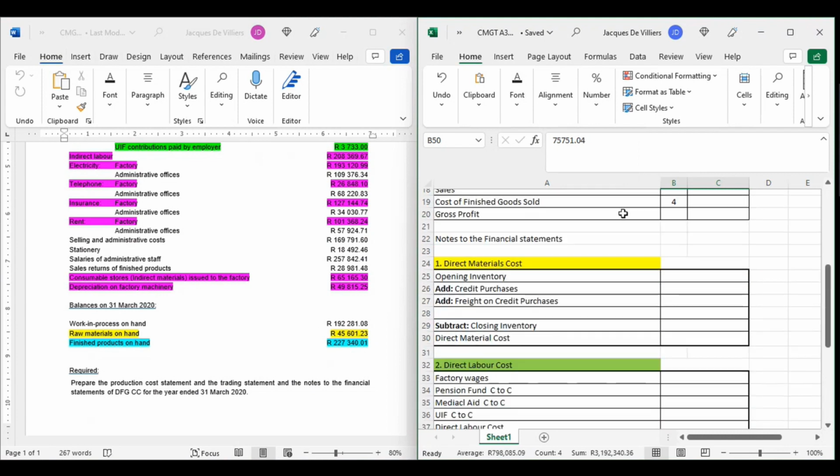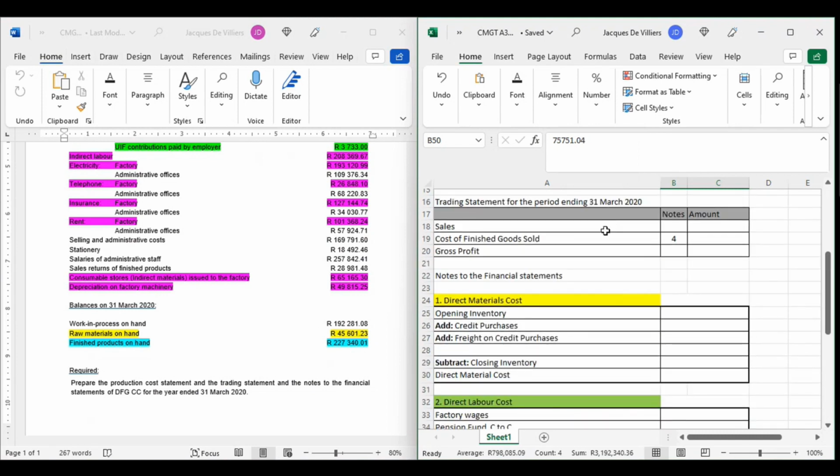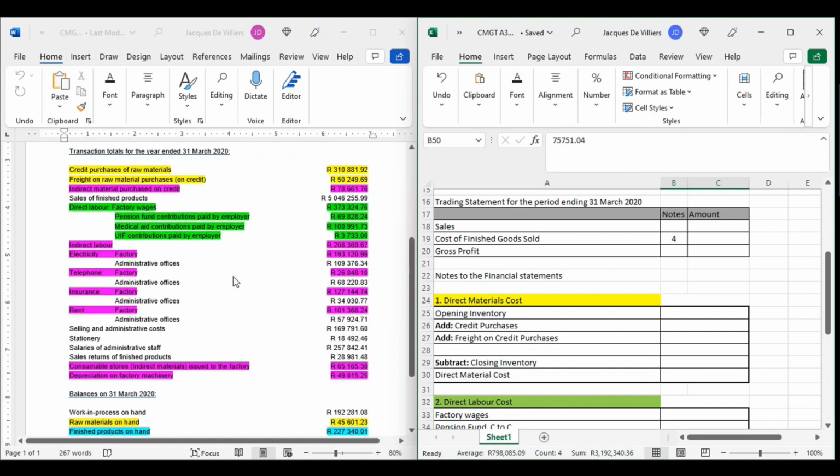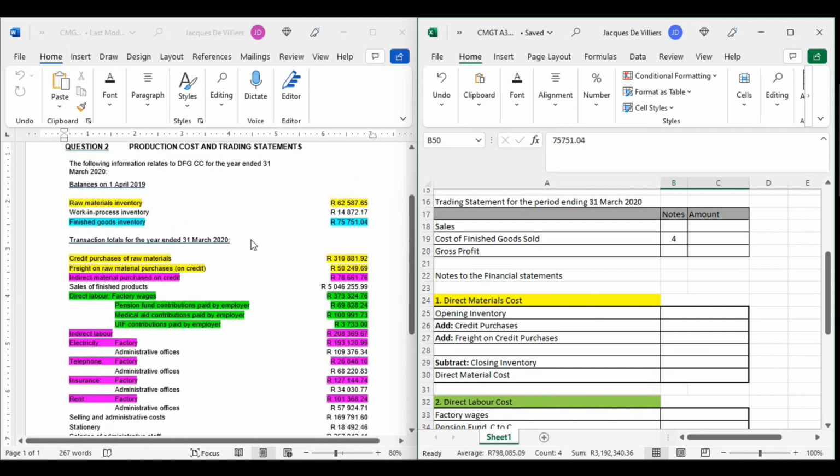Okay, so for the first one, the first thing we want to look at is our direct materials cost. What we are doing is taking our trusted highlighter, and we have the word direct materials there. Then we go into the information given and look for direct or raw materials. Now, please, they're just trying to confuse you here. They use direct materials, but in the question they talk about raw materials.